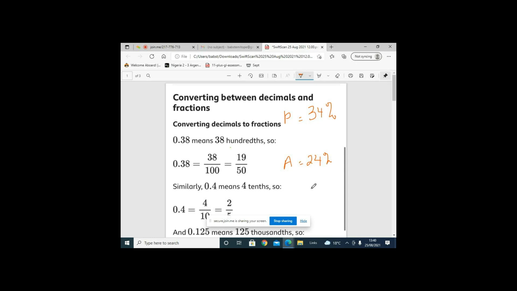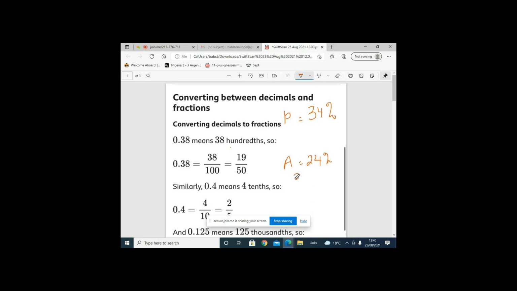Change it to fractions. I've got 6 over 25. Is that Anne? Yeah.